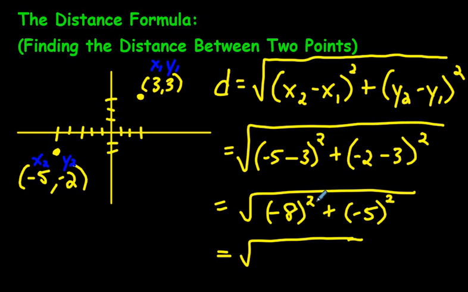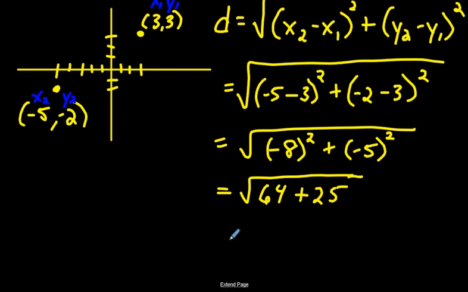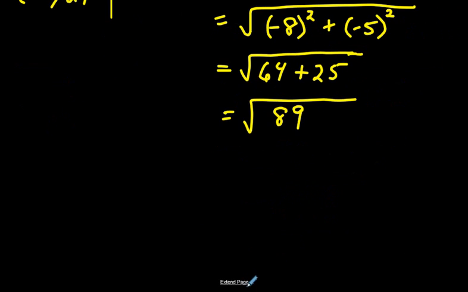-8 times -8 is 64. And -5 times -5 is 25. Remember, when you square something, the answer will always be positive, because when you multiply a number by itself, it's always positive. So 64 plus 25 is 89. And I'll make a little more room here.